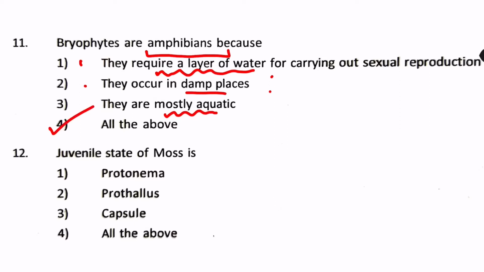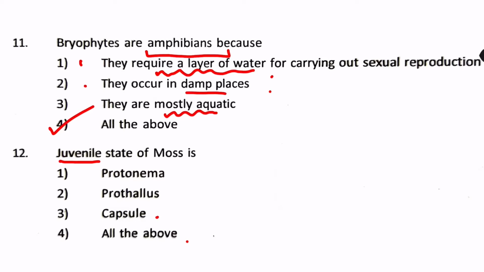Next is: juvenile state of moss is A. Protonema, B. Prothallus, C. Capsule, 4. All of the above. Juvenile state is also called the young stage, right? The first few stages in the life cycle of a moss. So that's the gametophytic phase in moss.